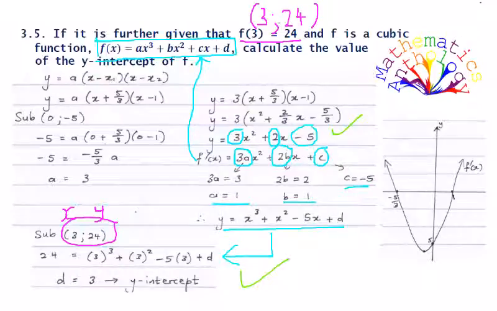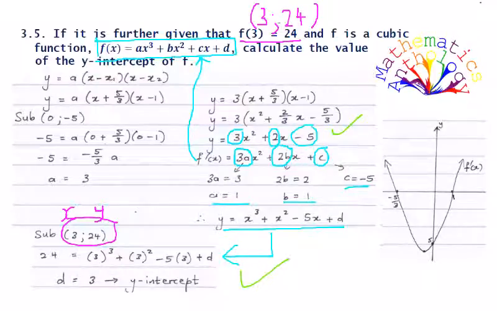Now if we take our original f of x graph, which is given as f of x is equal to ax cubed plus bx squared plus cx plus d, and if I find the derivative of that equation, I will get f prime x is equal to 3ax squared plus 2bx plus c.